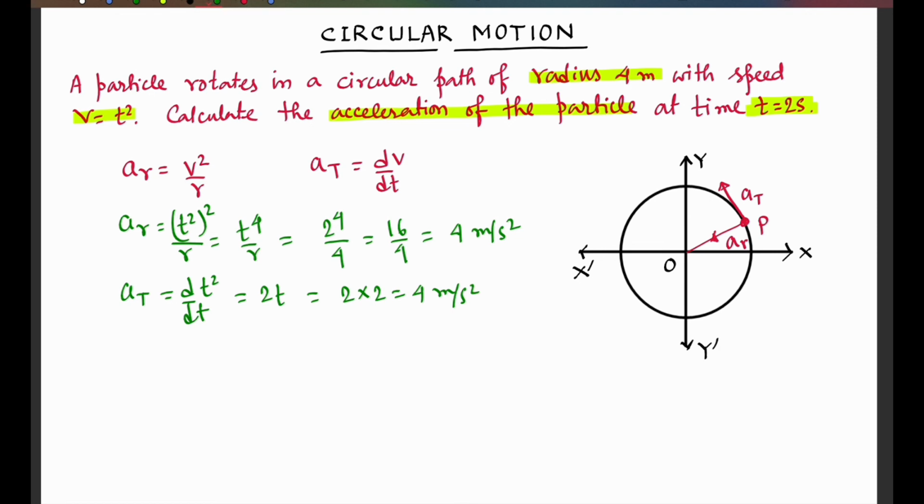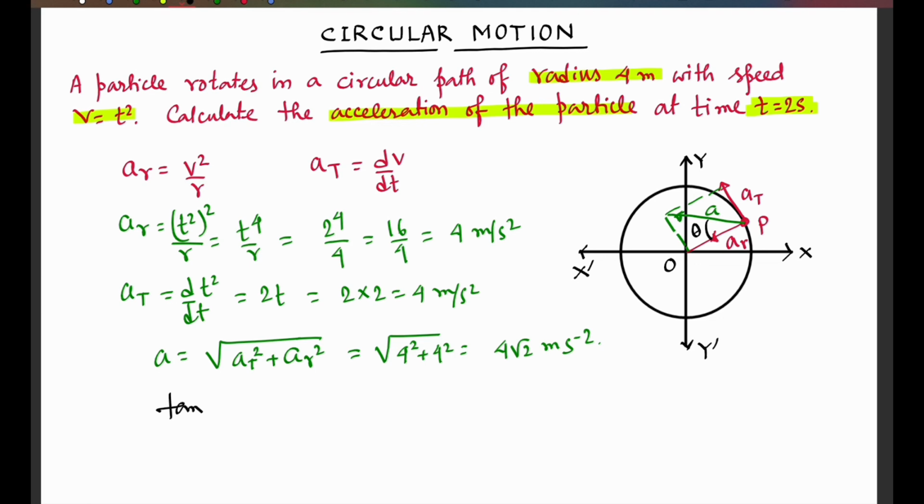Now we can draw a parallelogram here. The diagonal from point P gives the resultant acceleration A, and acceleration A is root over of a_t square plus a_r square. This is equal to root over of 4 square plus 4 square. So this is 4 root 2 meter second to the power minus 2. Now if you consider the direction here, the resultant acceleration creates angle theta with OP or radius.